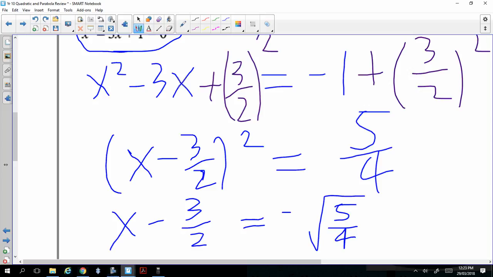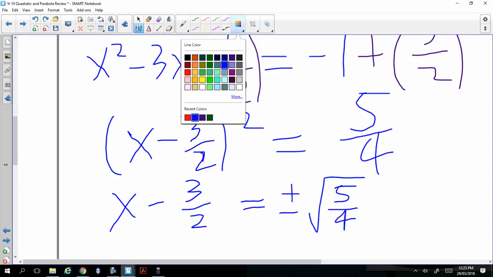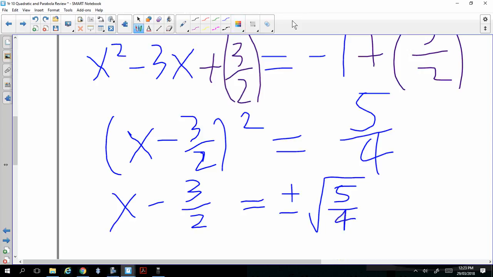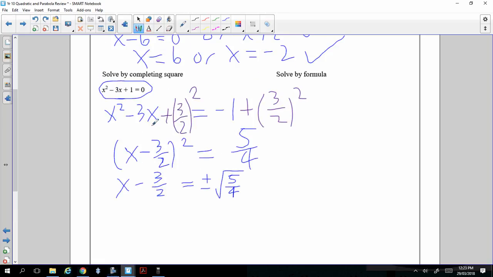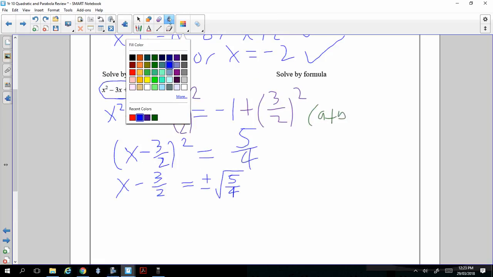What happened to the 3x? That's a good question. When you expand something, if I just do it on the side there, a minus b all squared, you get a squared minus 2ab plus b squared. Actually, I'll do one with a number.